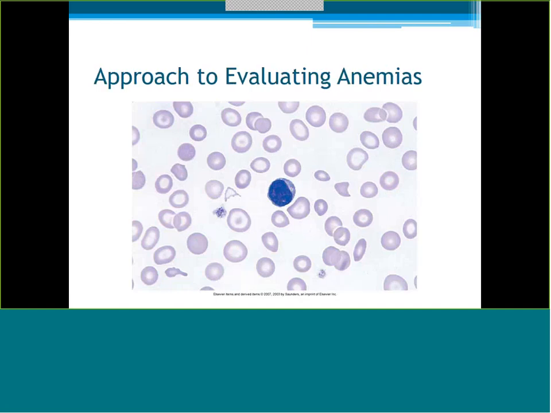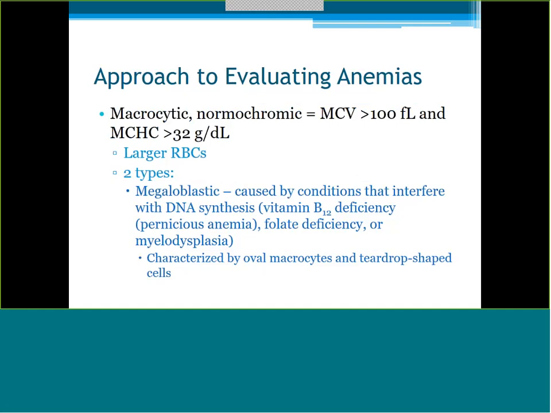And then our last category would be macrocytic, where the MCV is greater than 100, so very large red cells. The MCHC is a lot of times normal on this one. Once in a while you might see it low, but it's the MCV that's key, where it's large red cells, macrocytic.